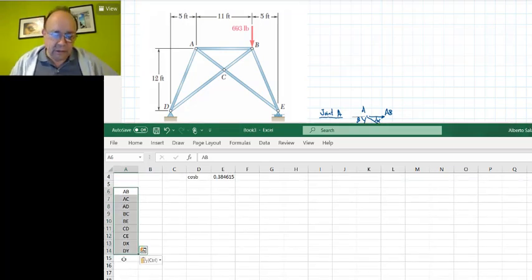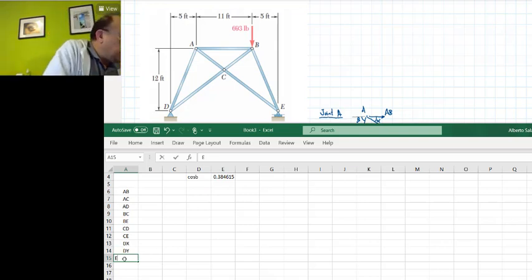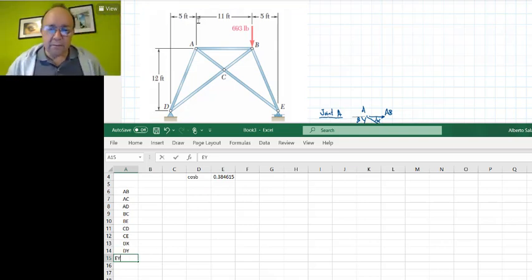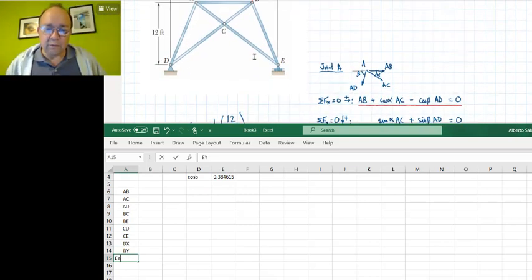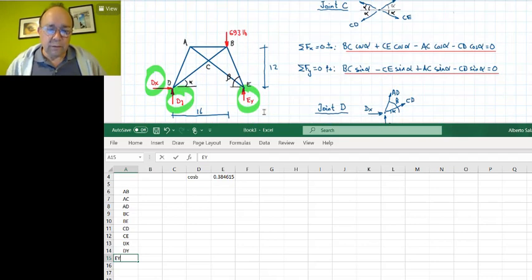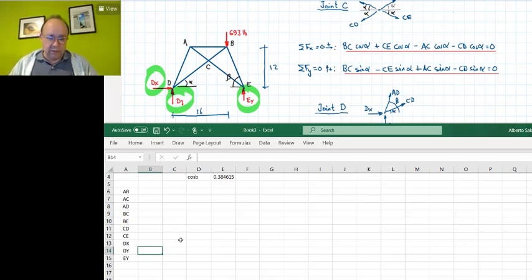I am missing the reaction EY. Okay, this is better. All the bars, all the reactions.